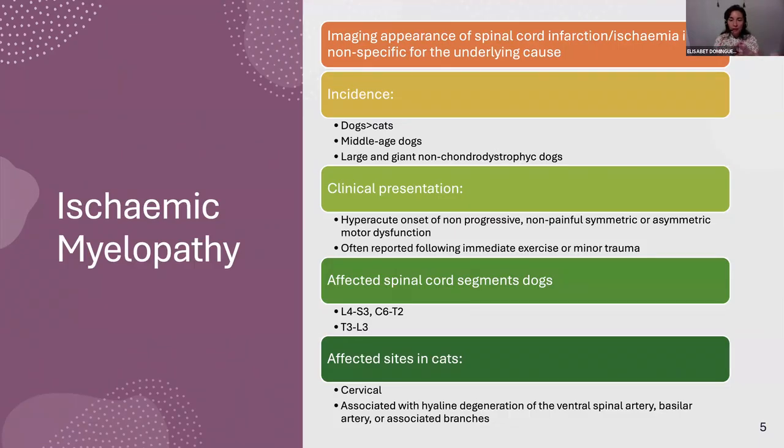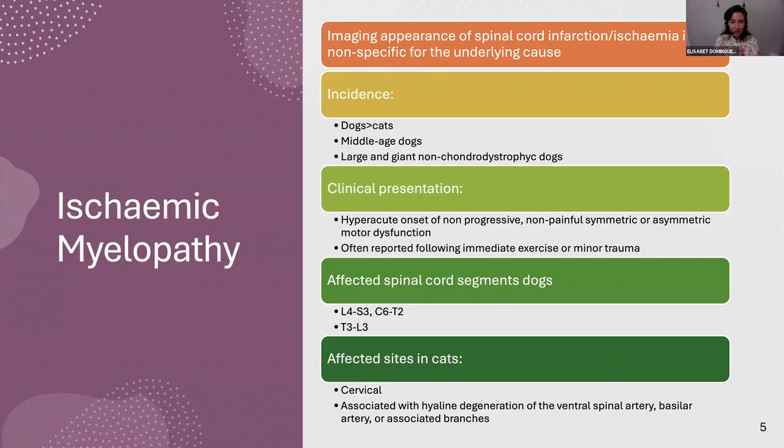Okay, the imaging is non-specific for the underlying cause of the event. These lesions, in theory, or what we know until now, are more common in dogs than in cats, and they usually affect middle-aged dogs.